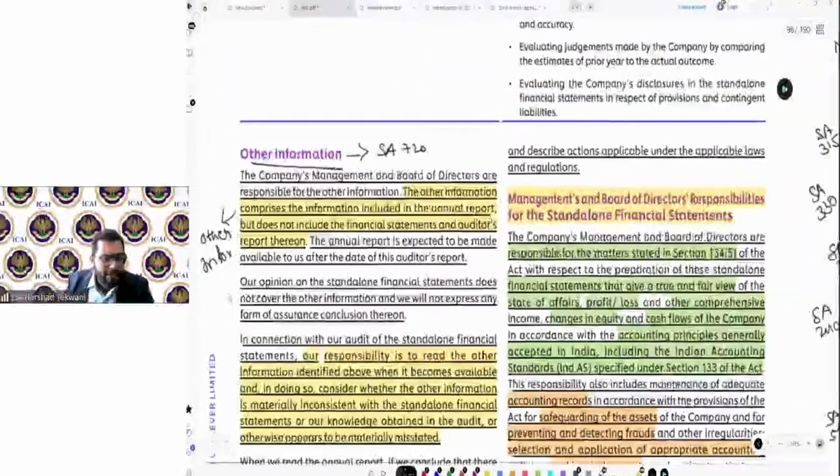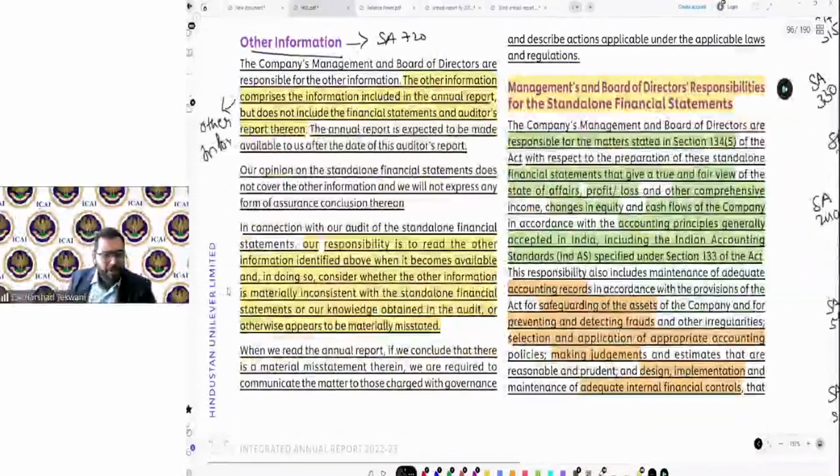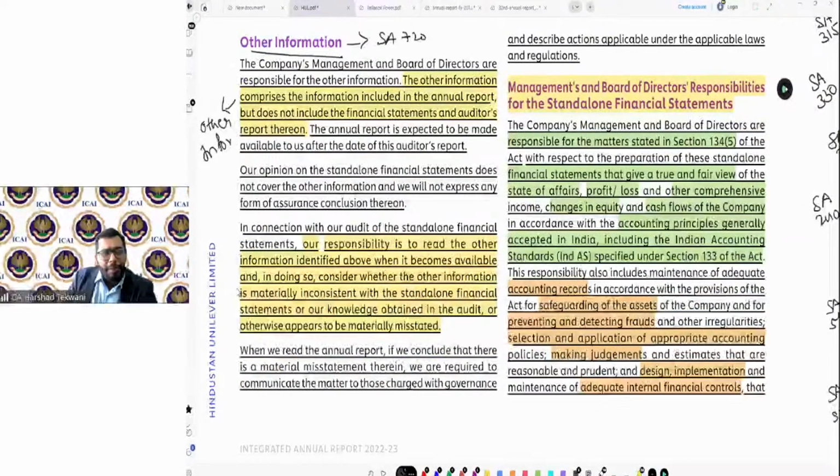When we read the other information paragraph, we identified that there are two things mentioned. One, the annual report is expected to be made available to us after the date of the auditor's report. This talks about the other information being given to us after the issue of the audit report.